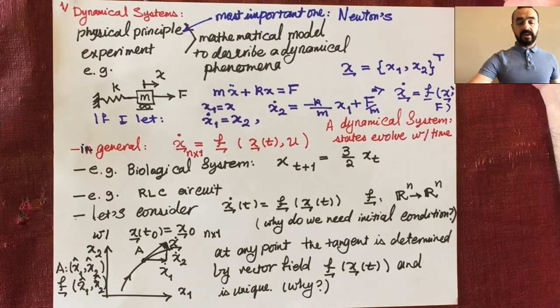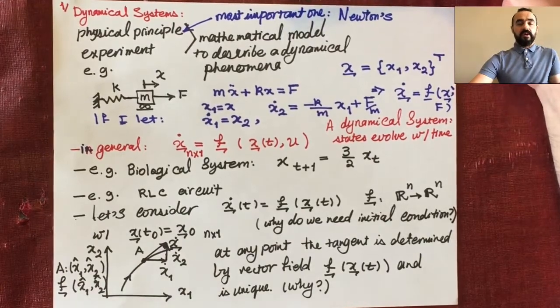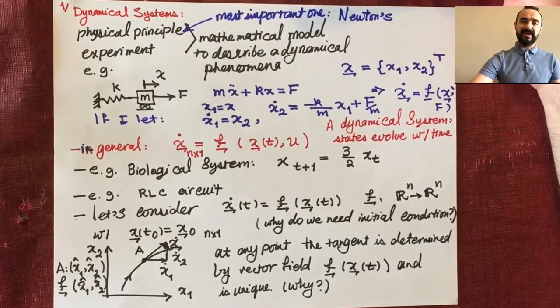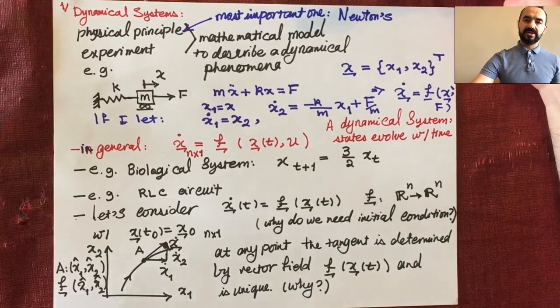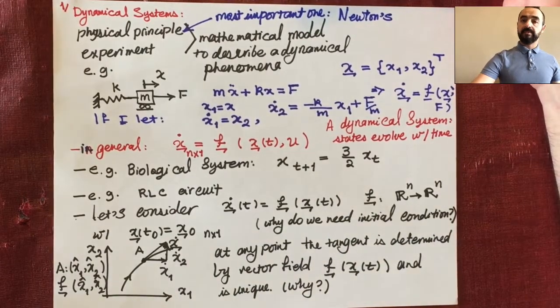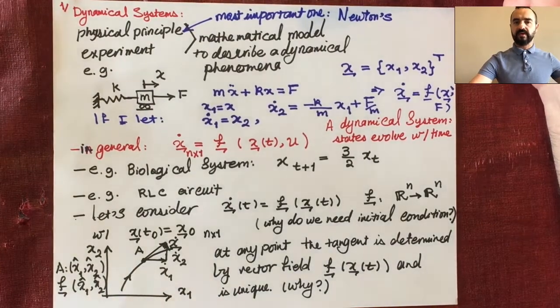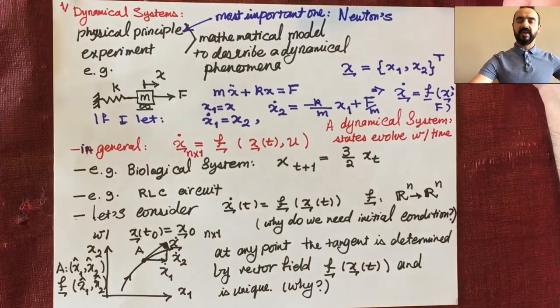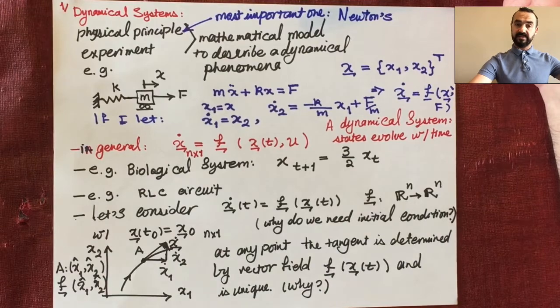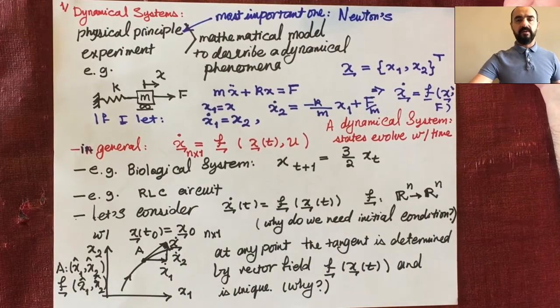Or we can perform experiments and measure how the population of a species changes with time, and then describe them mathematically. So we start with the experiment and then devise the mathematical model. So we either start with physical principles like Newton's second law, or with experiments.